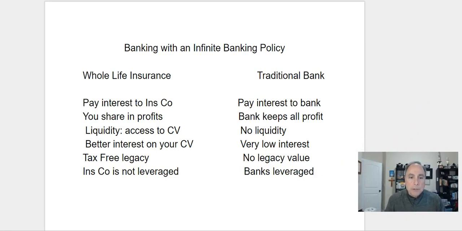So insurance companies, my friends, the big insurance companies like Guardian, and I use MassMutual and Guardian, Lafayette Life, Penn Mutual, they've been around since the 1800s. They're not going out of business. In the Great Depression, when all the banks were failing back in the 30s, insurance companies just kept cranking out money.